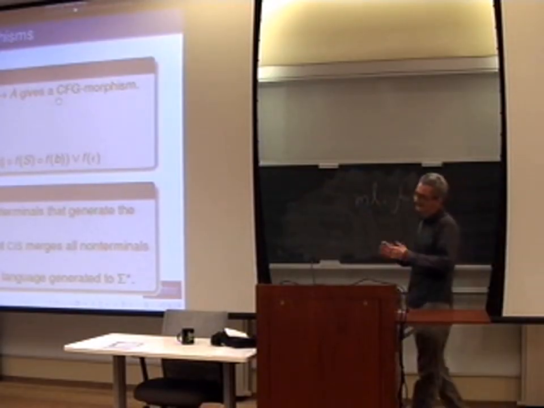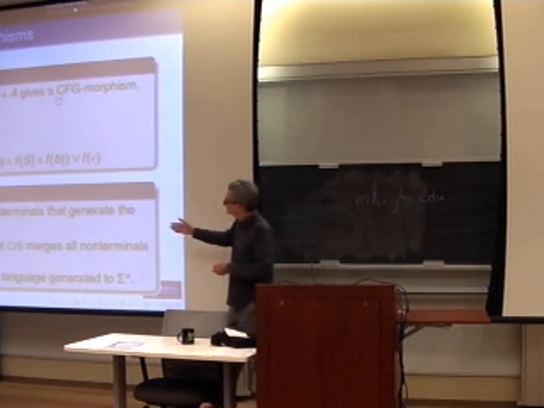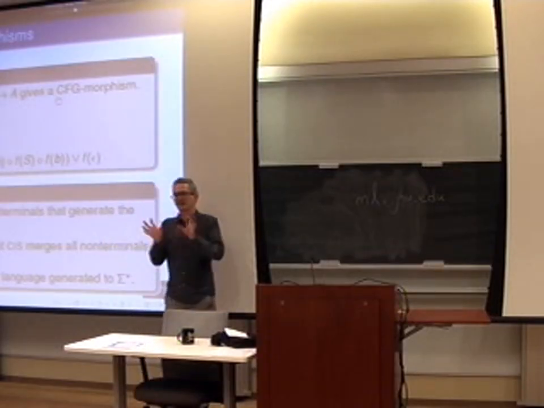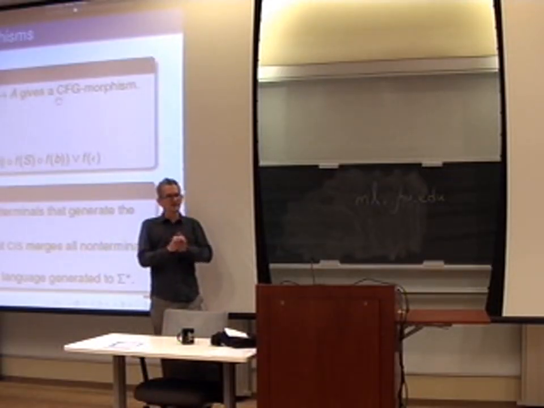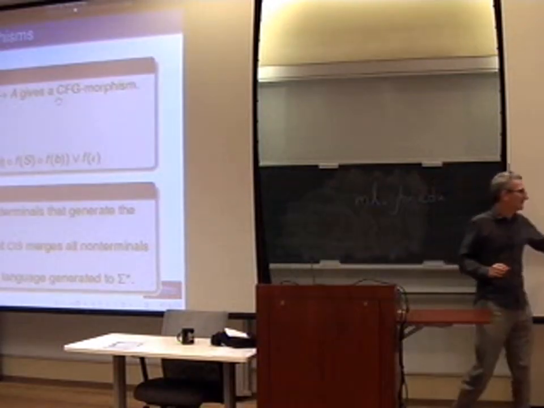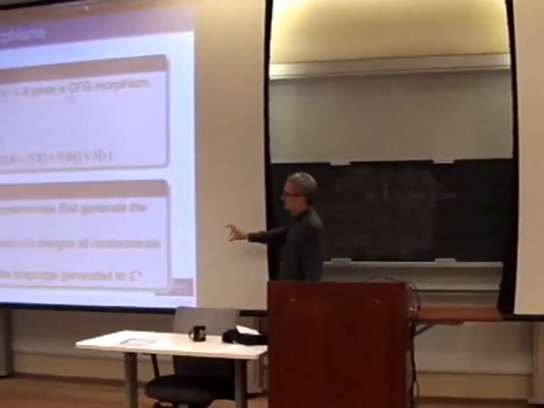One case is where we just have the identity map, which doesn't change anything. And this is equivalent to the case where we only merge non-terminals that generate the same language. That's not very interesting. Then we also have the case where we map everything to just the trivial one-element semi-ring.